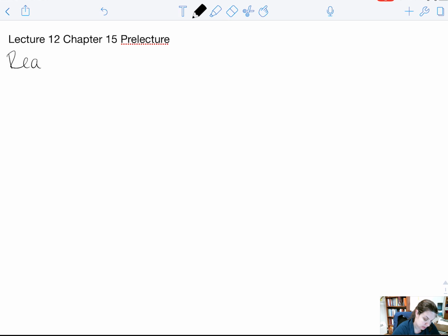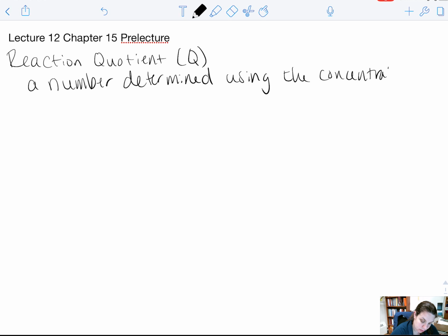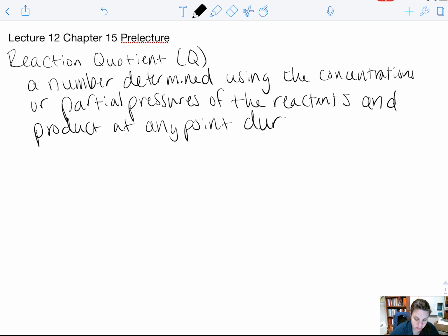So a reaction quotient is Q. It's just like K, except we're looking at non-equilibrium concentrations when we're looking at Q. So it's a number determined using the concentrations or partial pressures of the reactants and products at any point during a reaction and equilibrium.